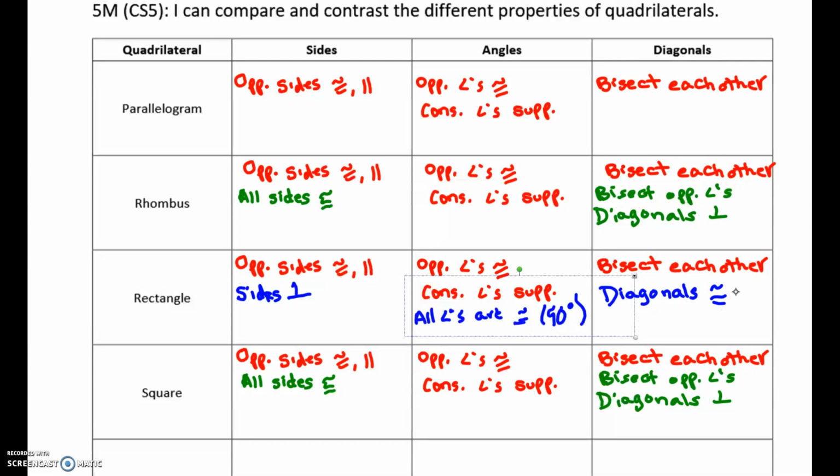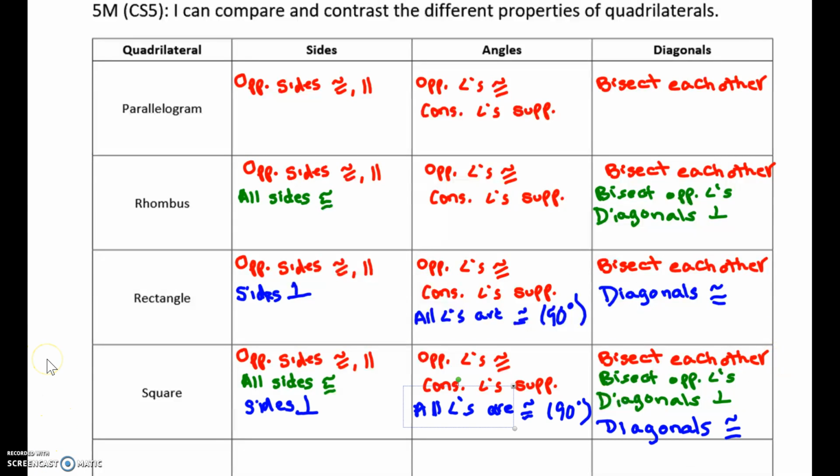Okay? So those are my special things about rectangles. And furthermore, we know that anything that is true for a rectangle is also true for a square, because a square is in fact a type of rectangle.